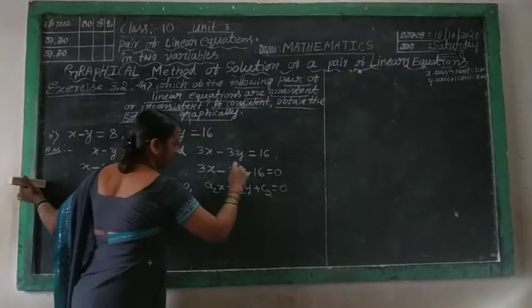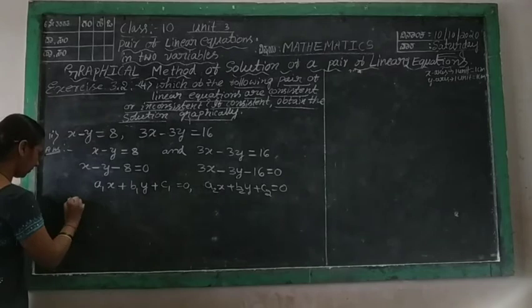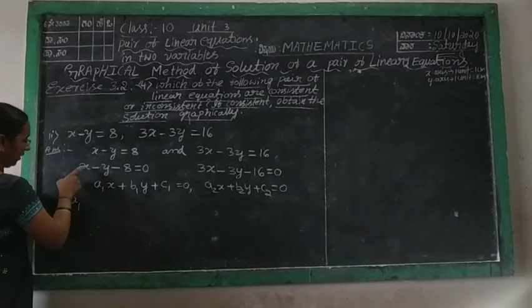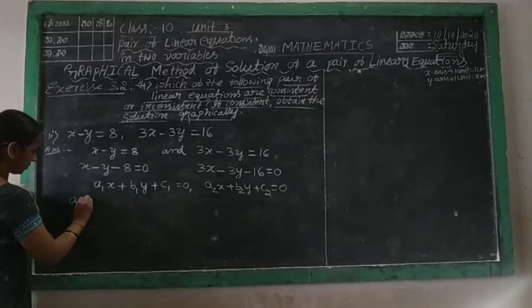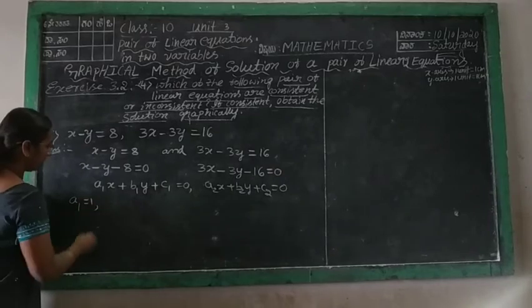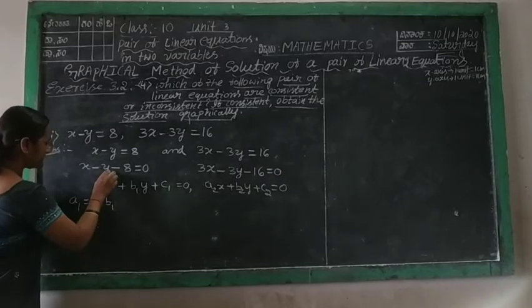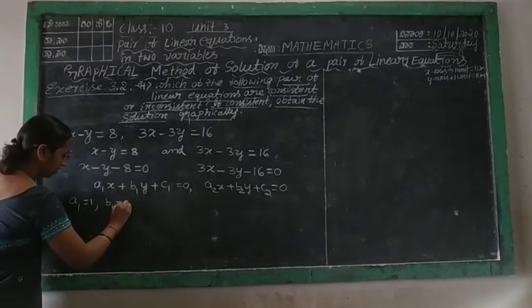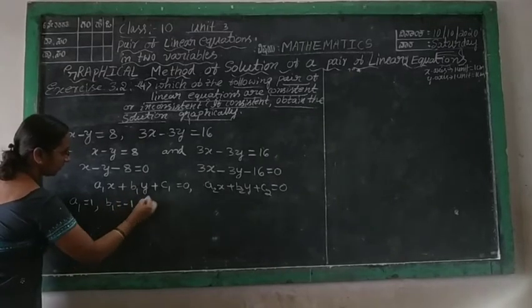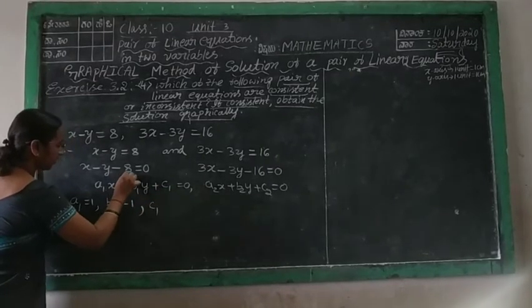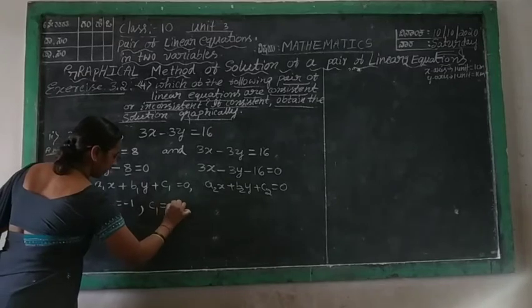We compare and write the values. a1, coefficient of x, is 1, then b1, coefficient of y, is minus 1, then constant c1 is minus 8.